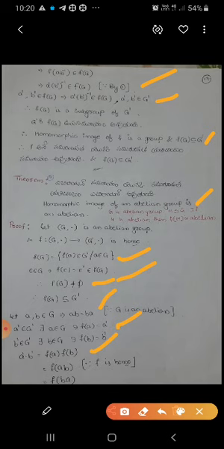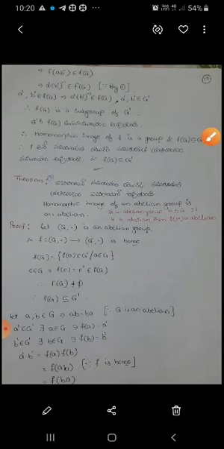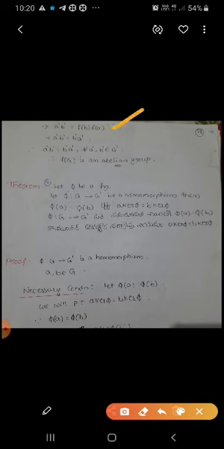So G is an abelian group. By the commutative property ab we can write ba. So f(ba). a'b' equals f(ba) is f(b) into f(a). So a'b' equals f(b) into f(a). f(b) equals b', f(a) equals a'.